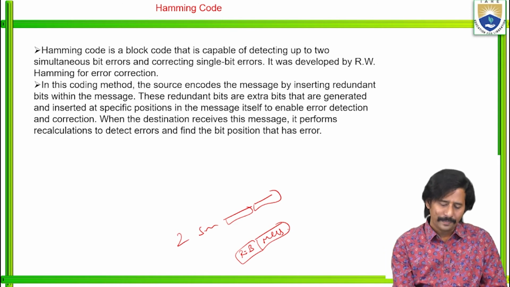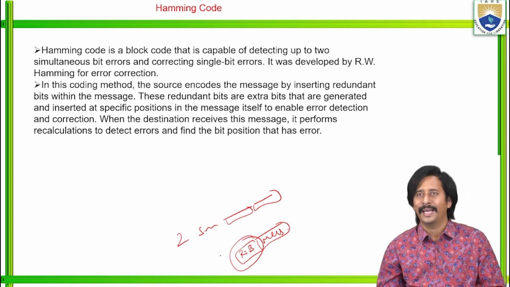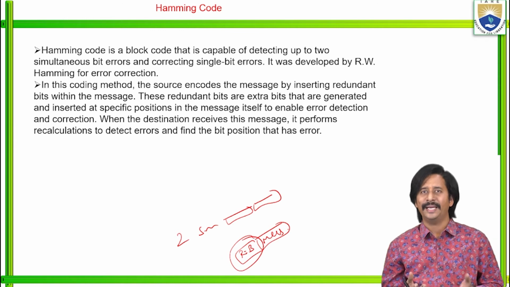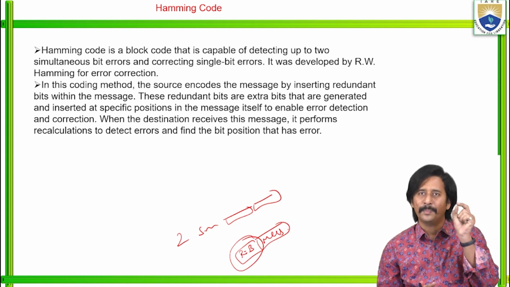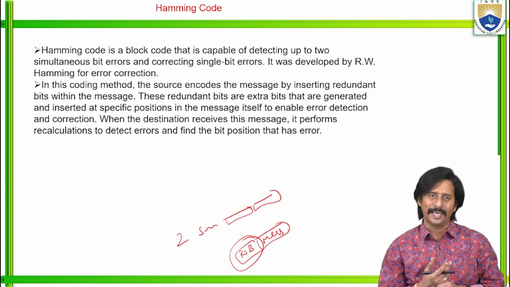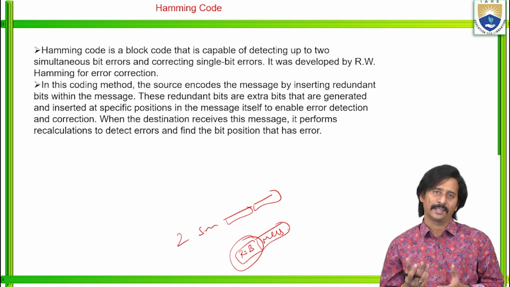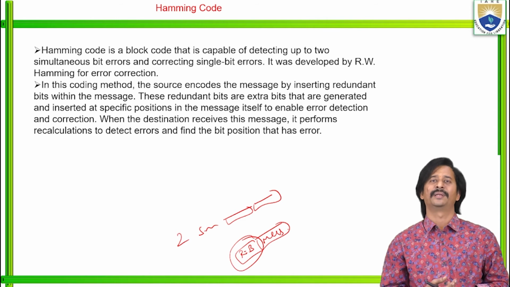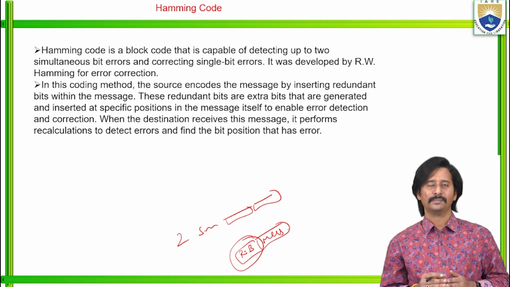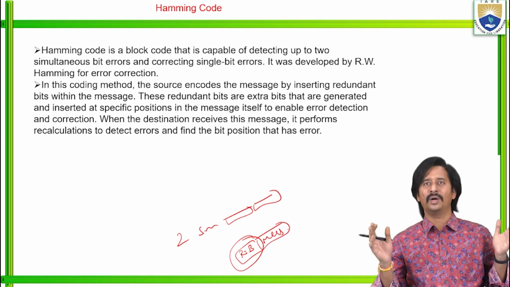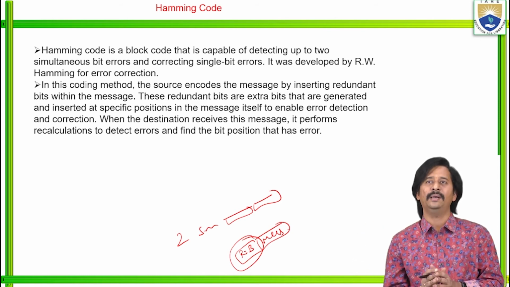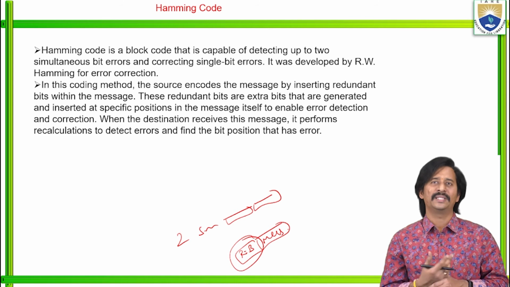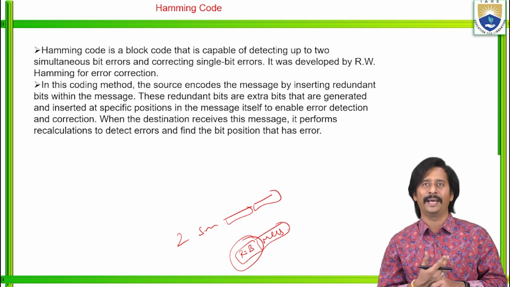These redundant bits are extra bits which are generated and inserted at specific positions in the message itself. For what? To enable error detection as well as correction. Very important. So Hamming code is a block code capable of detecting 2 or more simultaneous bit errors and correcting single bit errors.